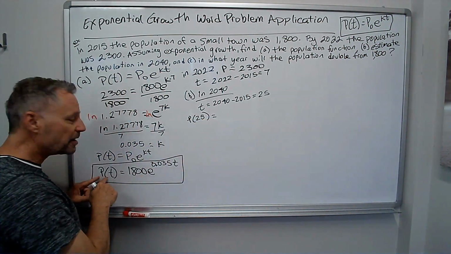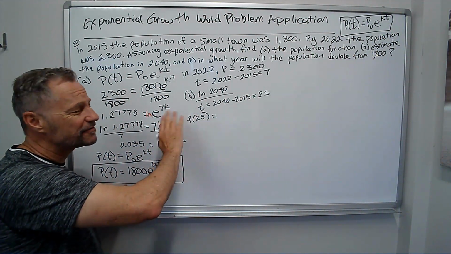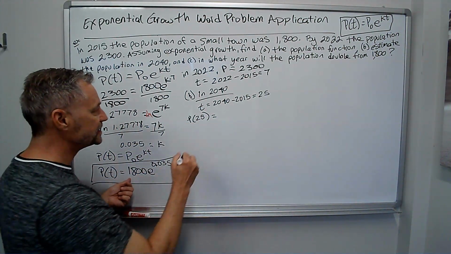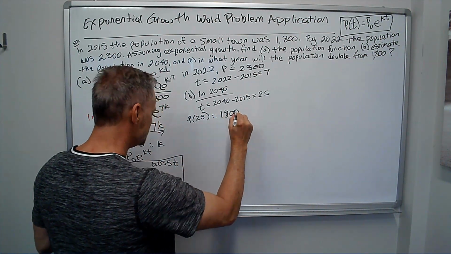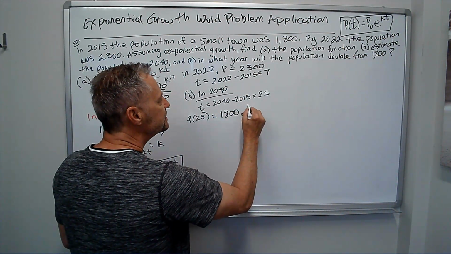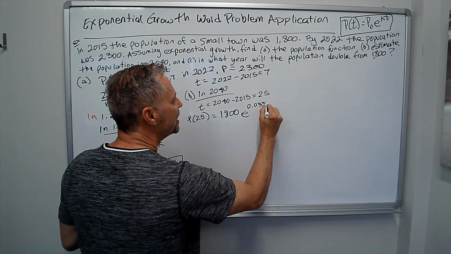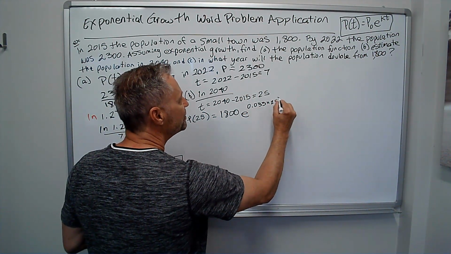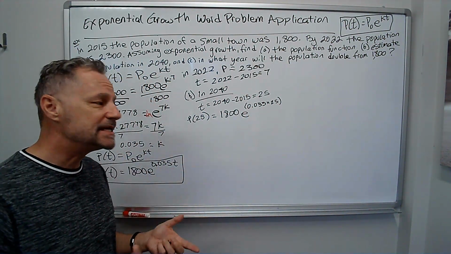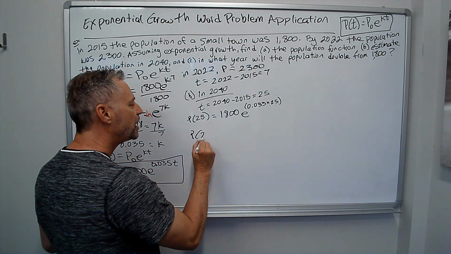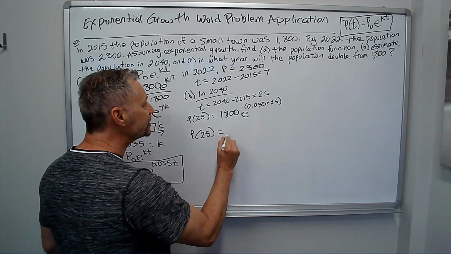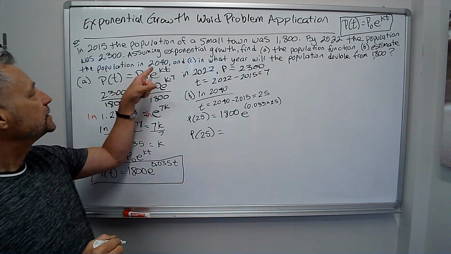Again, that's just my population in 25 years. It's not times 25. I'm not going to divide by 25 at the end. It's just 1,800 e to the 0.035 times 25. And remember to put that in parentheses if you need to. And I get my population 25 years later, or in 2040.